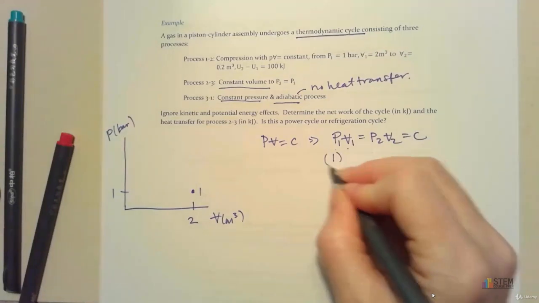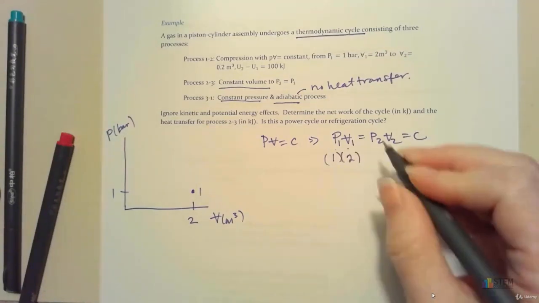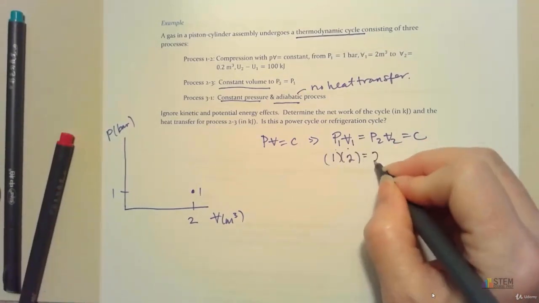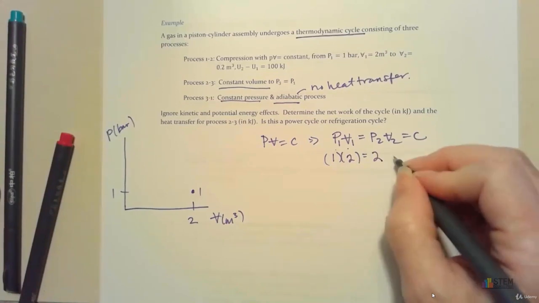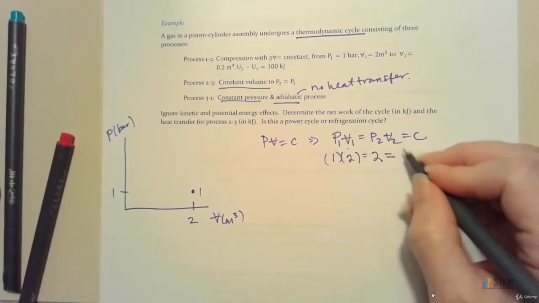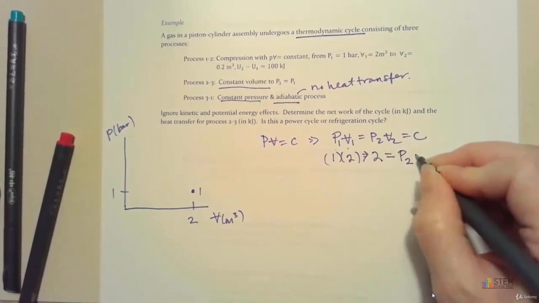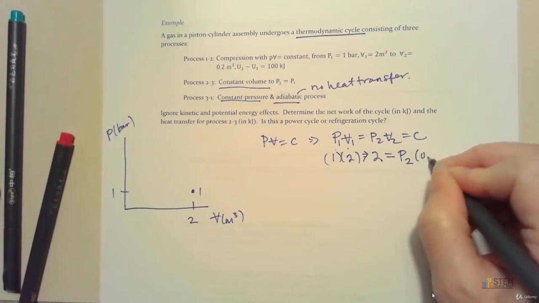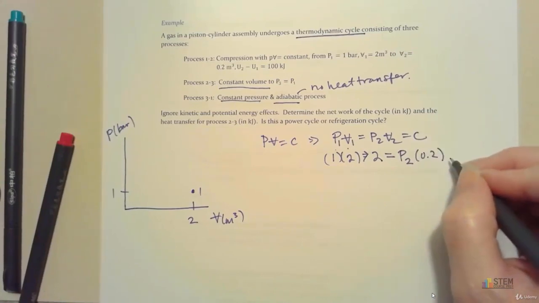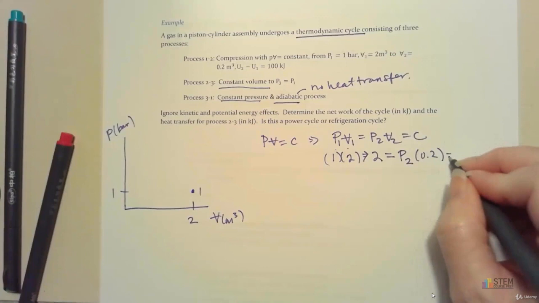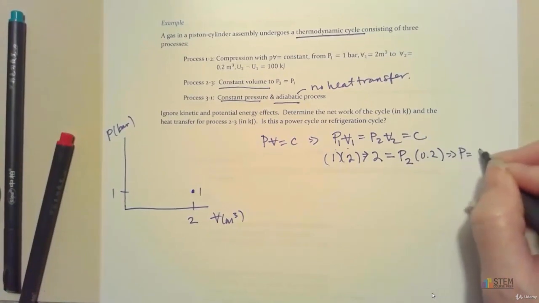So we're going to have 1 times 2, which obviously equals 2. So that is going to equal P2 times V2. P2 is unknown, and volume 2 is 0.2. So when we find our pressure, we get 2 over 0.2.